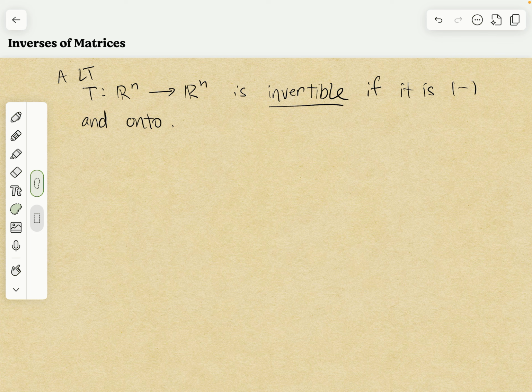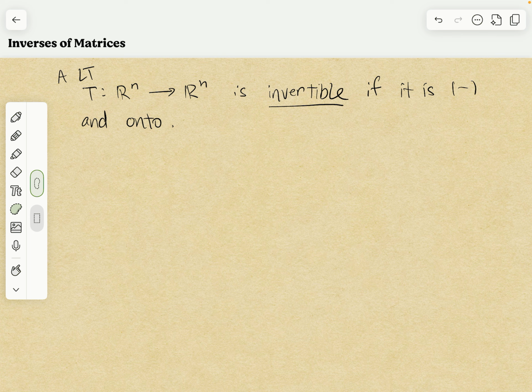If I have the standard matrix of T, how can I tell if T is onto or not? When I row reduce the standard matrix A to get the echelon form, what do I look for? If there's a pivot in every row. Remember what that means?